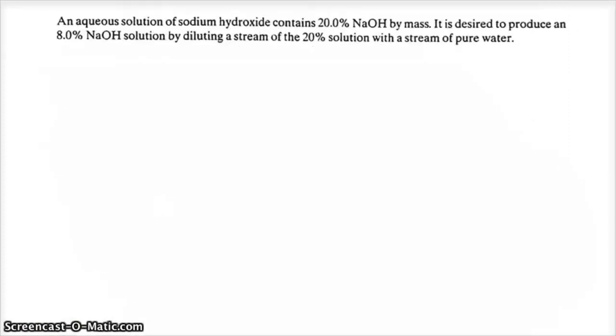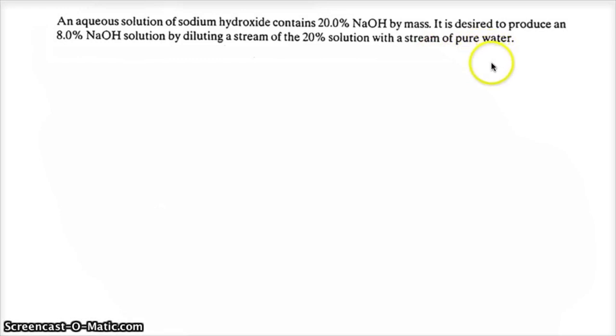Alright, now I'll show you how to draw a flowchart based on the question given. The question is, an aqueous solution of sodium hydroxide contains 20% of sodium hydroxide by mass. It is desired to produce an 8% sodium hydroxide solution by diluting a stream of the 20% solution with a stream of pure water.